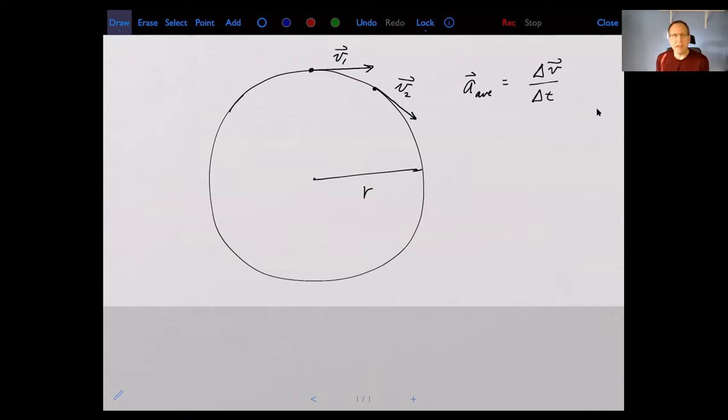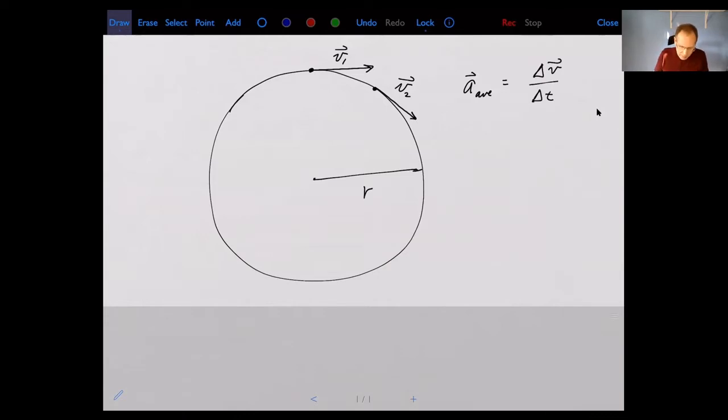So there's going to be an acceleration if either the magnitude of the velocity changes, that would be the case if you had one-dimensional motion, or the direction of the velocity changes, or both. In this case, the magnitude of the velocity is not changing, but the direction of the velocity vector is changing. So we do have an acceleration.